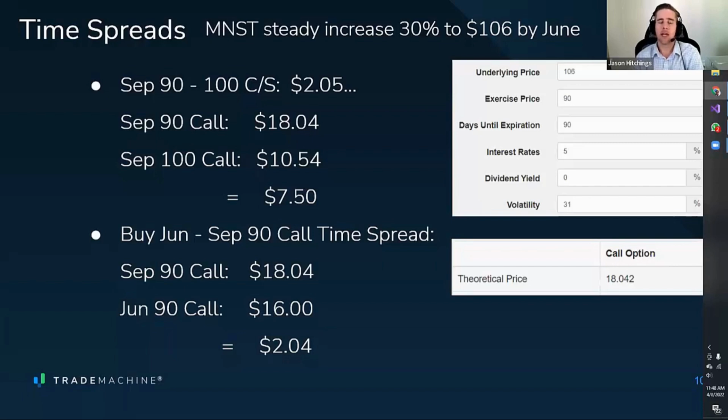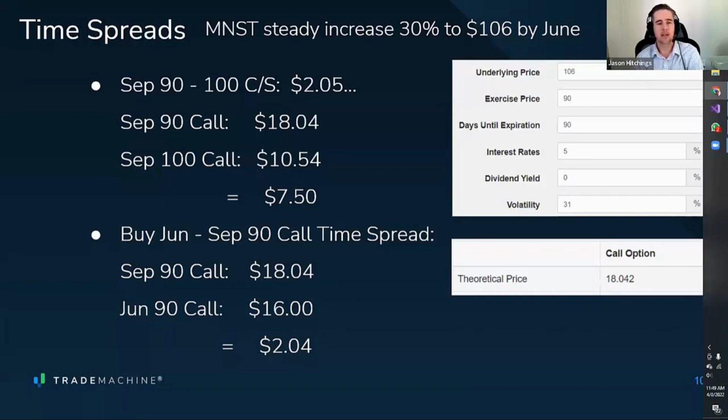But when stock moved from 82 way up to 106, all of a sudden the 100 call is the option that's much closer to at the money. It's going to have more premium and more time value in it. And so even if you held this position all the way to expiration, that would be worth $10.